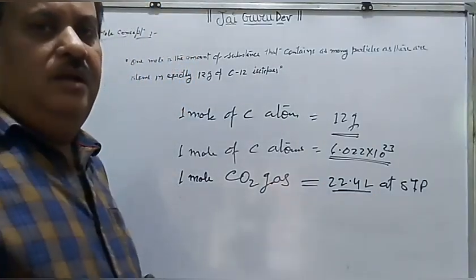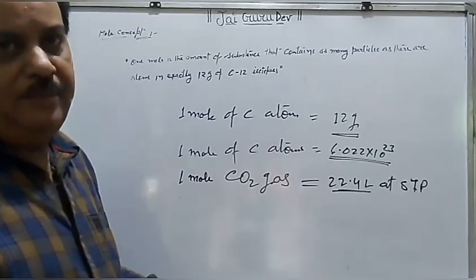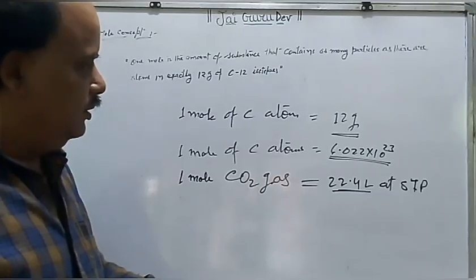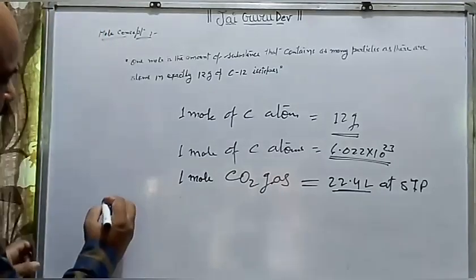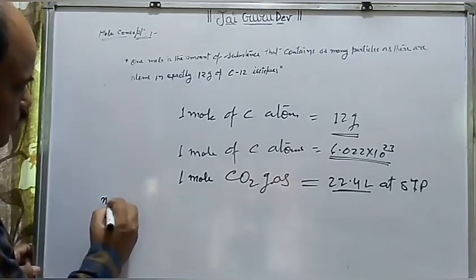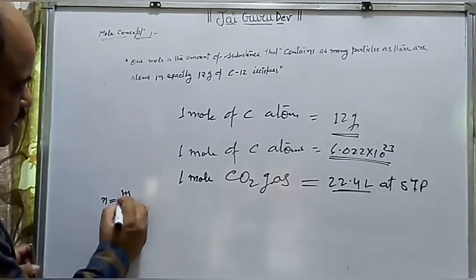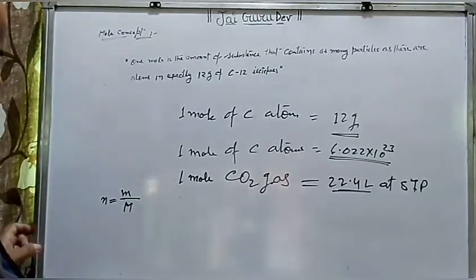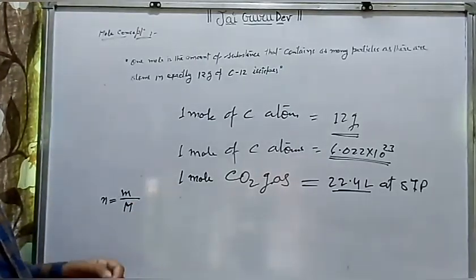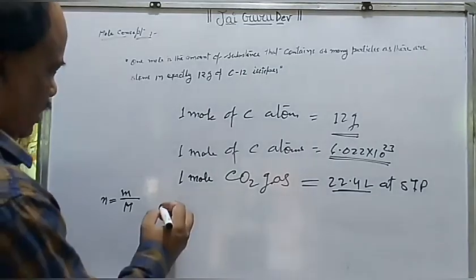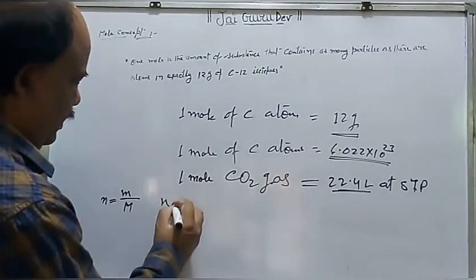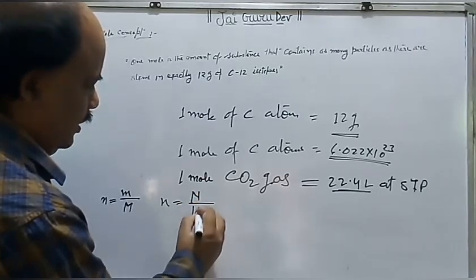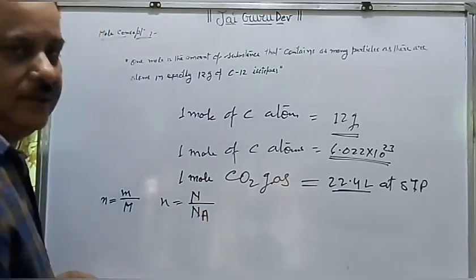We have learned some formulas in previous classes of mole concept. These are: number of moles equals given mass upon atomic mass or molar mass of that substance. N equals given number of particles upon Avogadro's number.